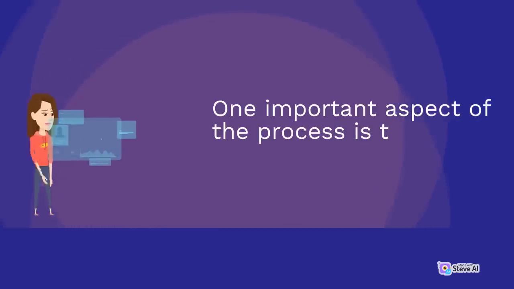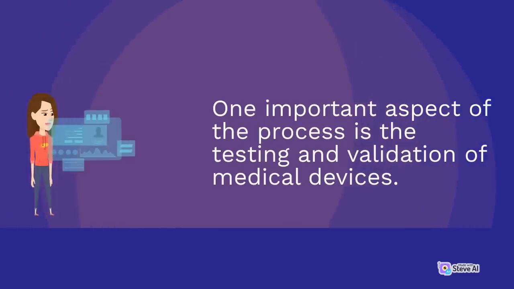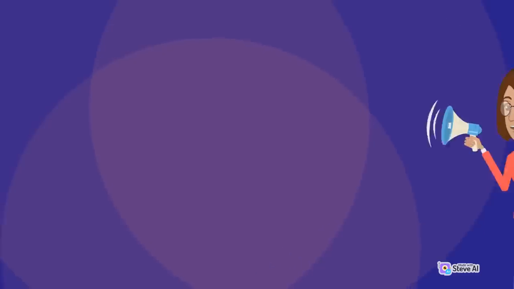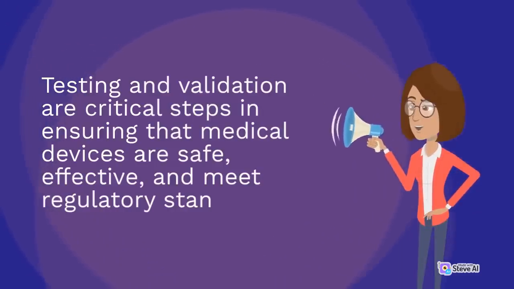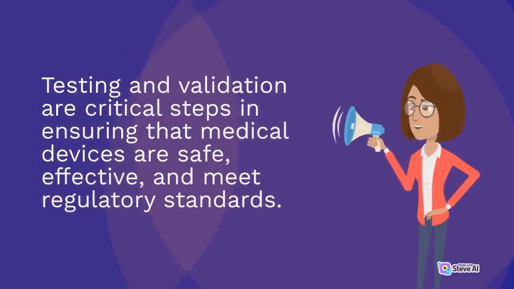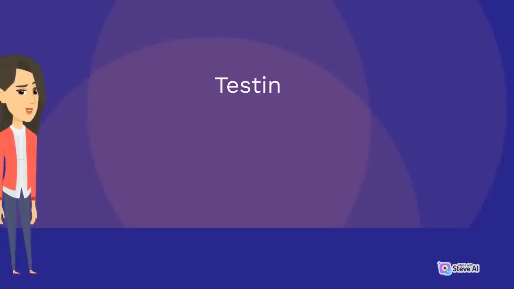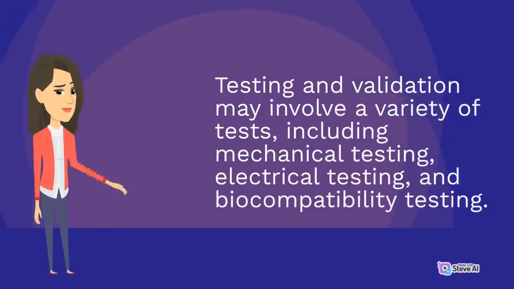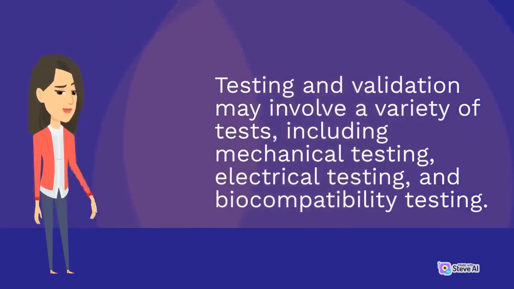One important aspect of the process is the testing and validation of medical devices. Testing and validation are critical steps in ensuring that medical devices are safe, effective, and meet regulatory standards. Testing and validation may involve a variety of tests, including mechanical testing, electrical testing, and biocompatibility testing.